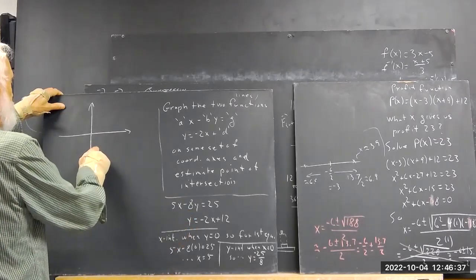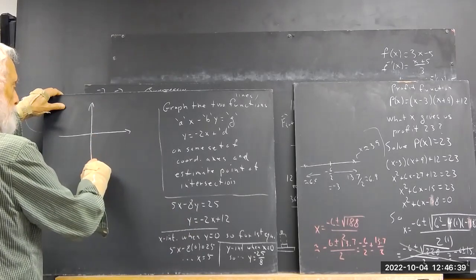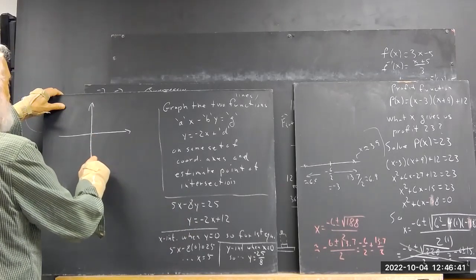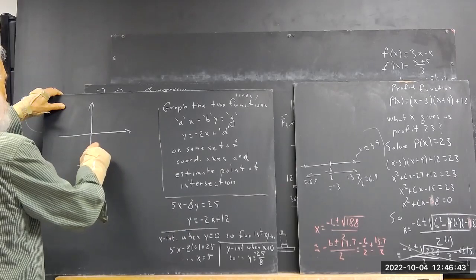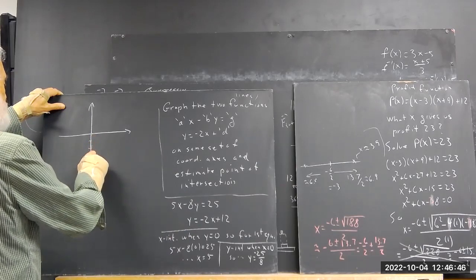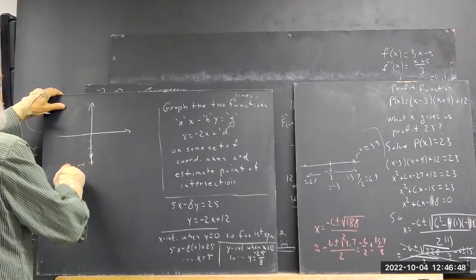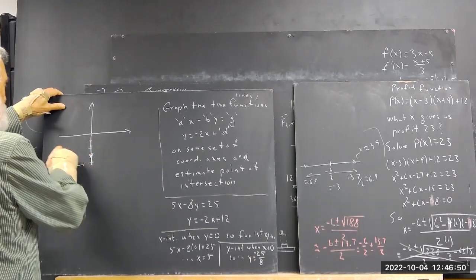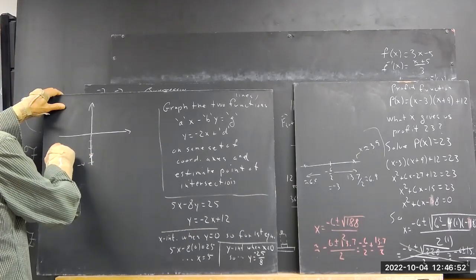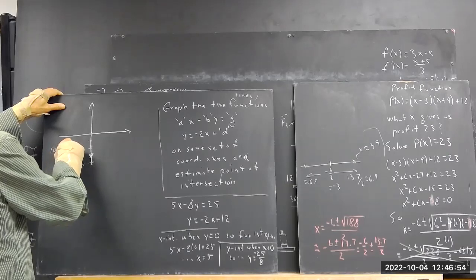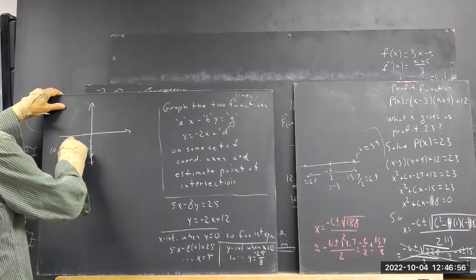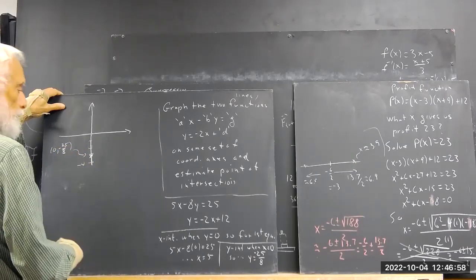But okay, I'm going to put negative 4 here. Here's negative 1, negative 2. Here is zero, negative 25 over 8.